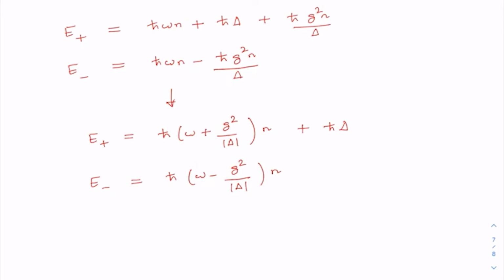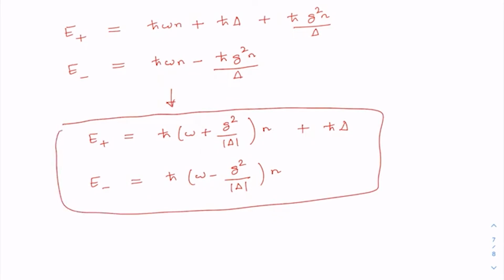So clearly, if you look at these two expressions here, you see in reality we are now having, in this dispersive regime, two ladders of harmonic oscillator levels which are equally spaced. In one case the spacing is given by ω plus Ω²/Δ, because you see this is related to the field mode, right? And you know that the field mode acts like a harmonic oscillator.